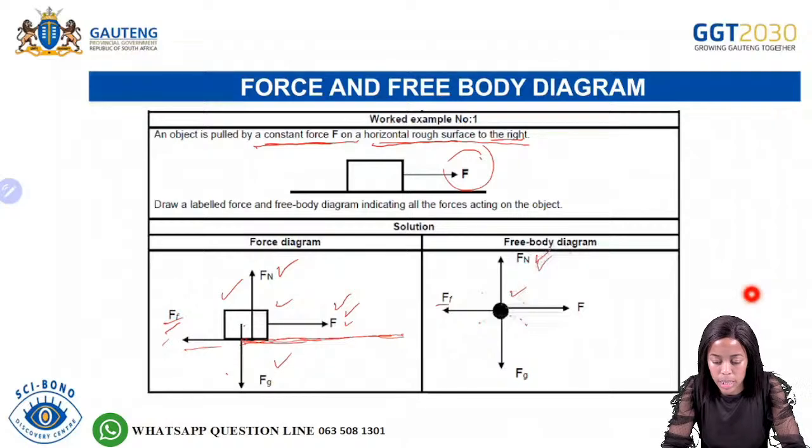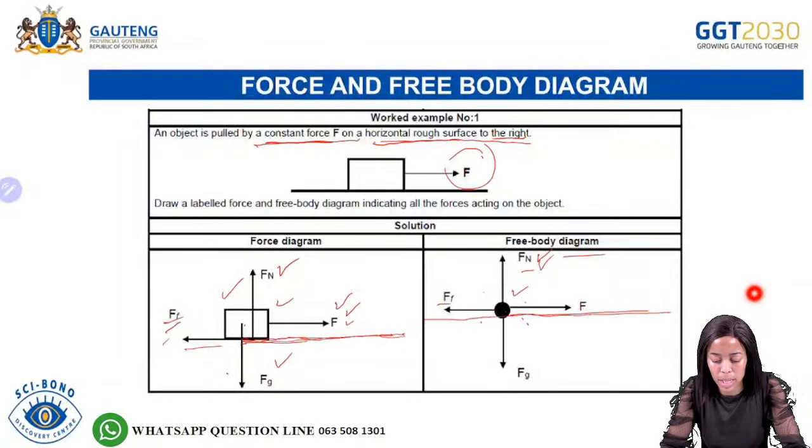We were saying that with the free body diagram, you would need to represent the same forces, and with the normal force, you are going to be drawing it what? Perpendicular to the surface. Again, this represents your surface, and the normal force will always be drawn perpendicular to the surface, meaning it will be drawn going upwards.